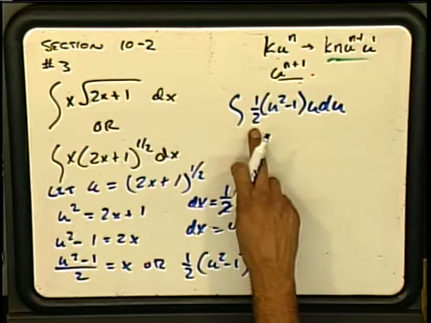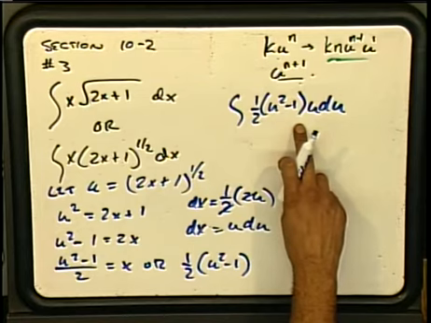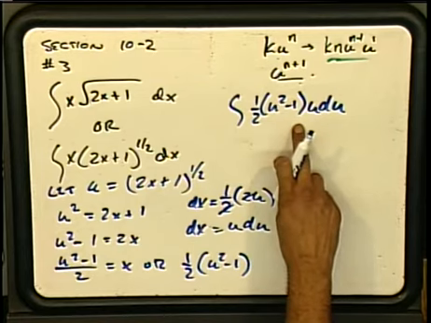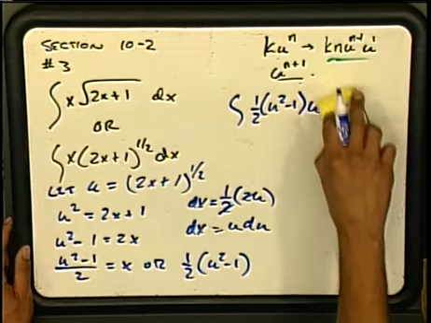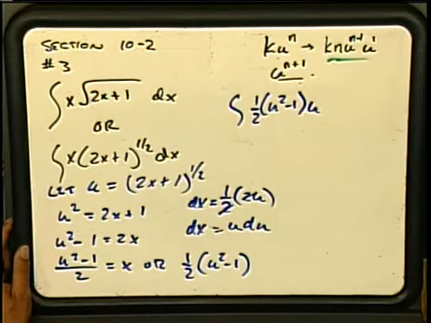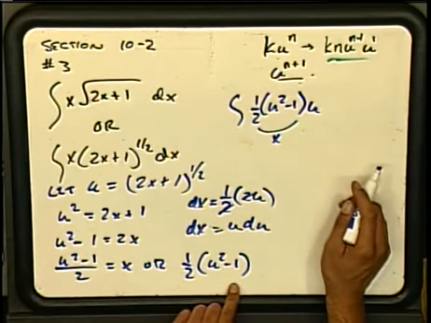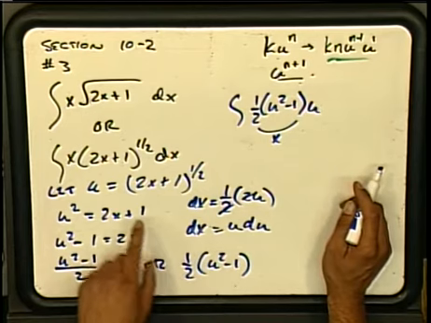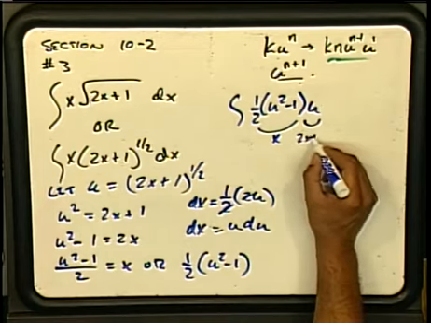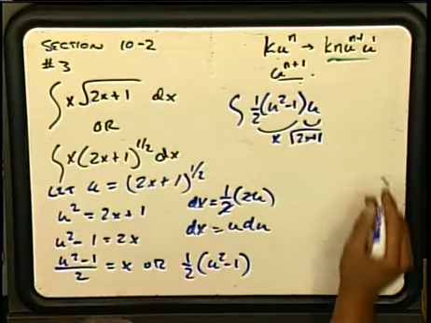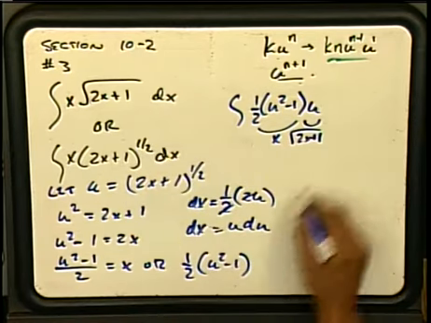So we got x times 2x plus 1, which is u, and then all this is x, 1/2 u squared minus 1. That's u. And then dx is u du.